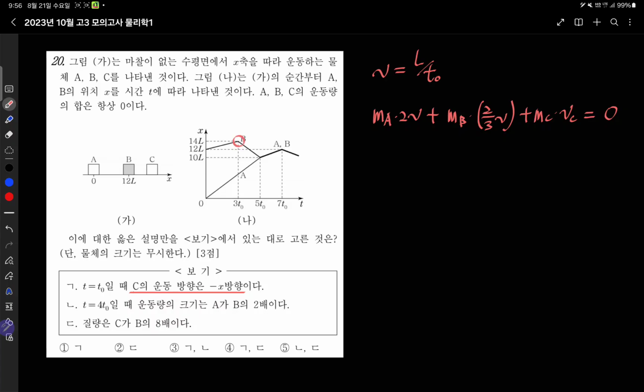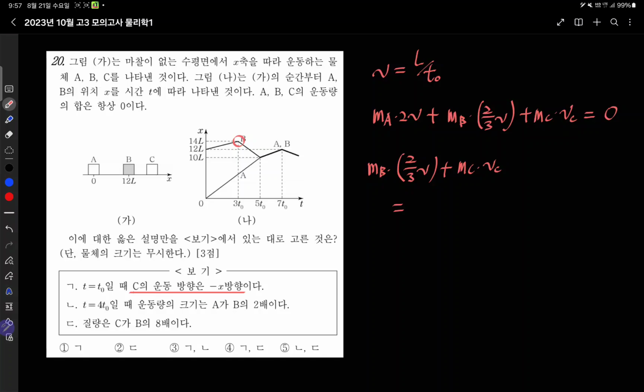And after the first collision, momentum is conserved. So the momentum before the collision between B and C is this.